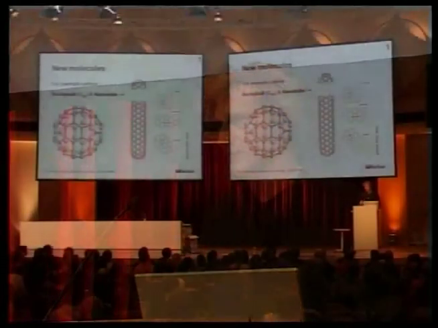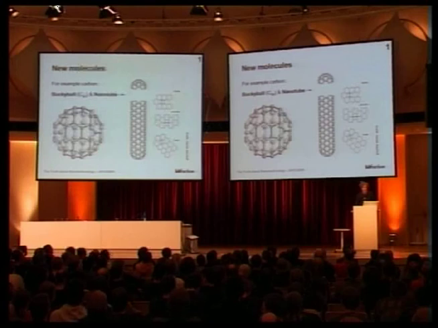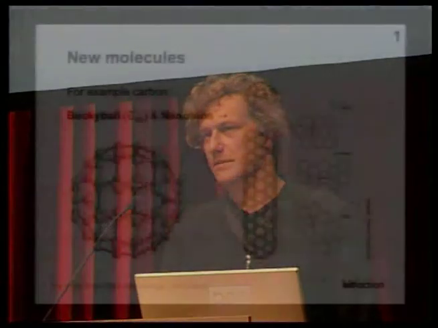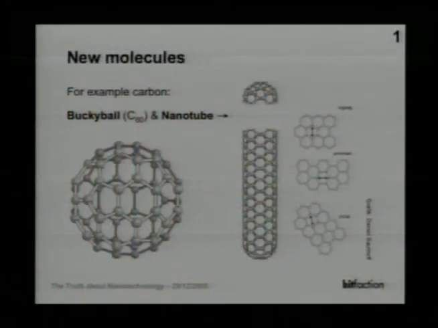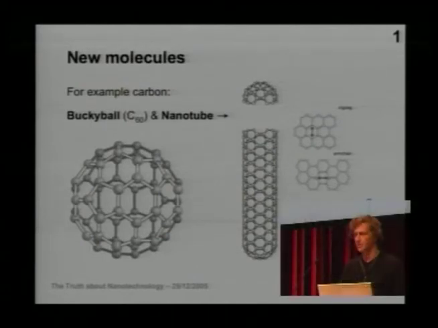Of course, they discovered some interesting particles. I think the two of them you have already seen somewhere, maybe in the media. This is carbon. Of course, these kinds of molecules have been around for millions of years, or in every campfire they are produced, just by chance, but nobody knew that they existed.